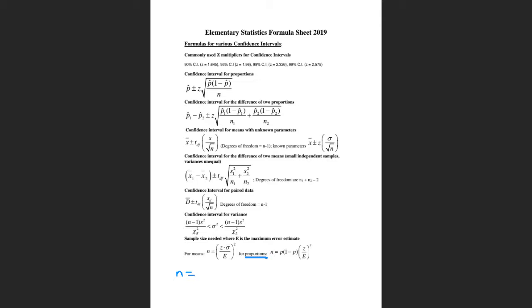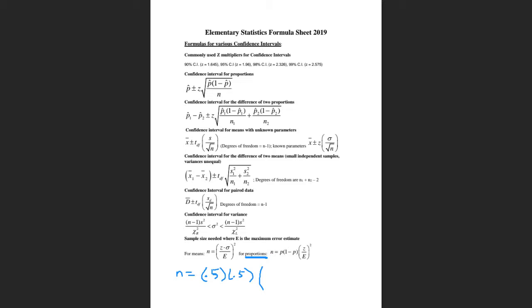It just says assume that you want 90% confidence. Okay, if they could have said historically the proportion is 20%, then you could use 0.2 here. But if you don't know, you just use 0.5. So p is 0.5, 1 minus p is also 0.5, so that's 0.25.